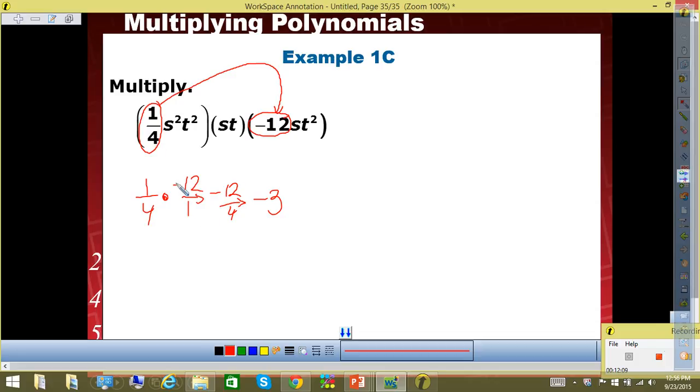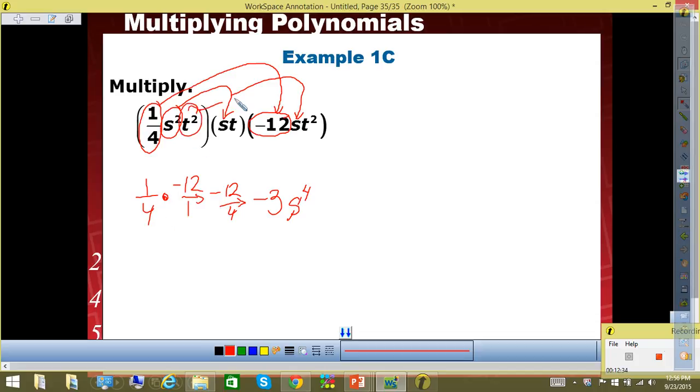Now we're going to focus with the variables. S squared times S, and then from there times S. Does everybody see that? So S squared times S is S to the third times S. That becomes S to the fourth. Is everybody following?